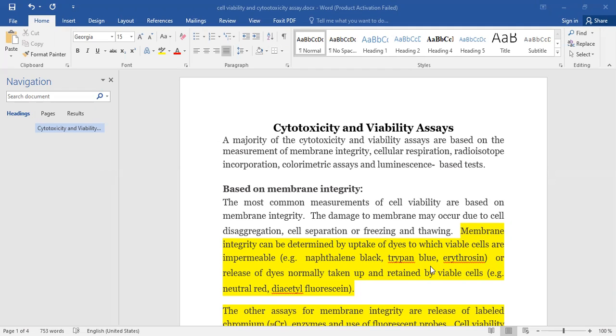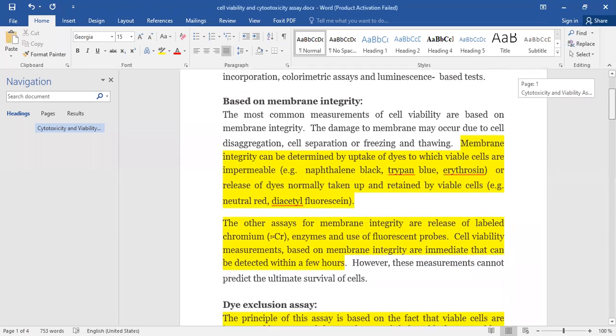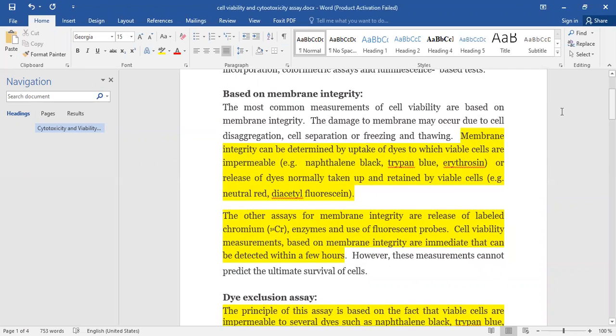So what are the methods used for viability analysis? The first method is membrane integrity. The cell membrane is the outermost layer of the cell, and it protects the cell.